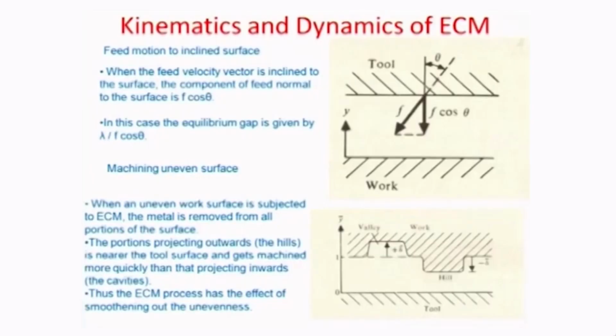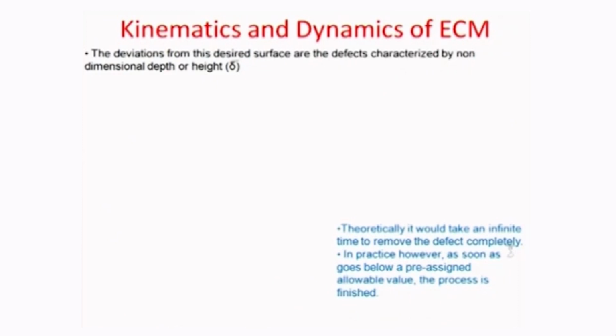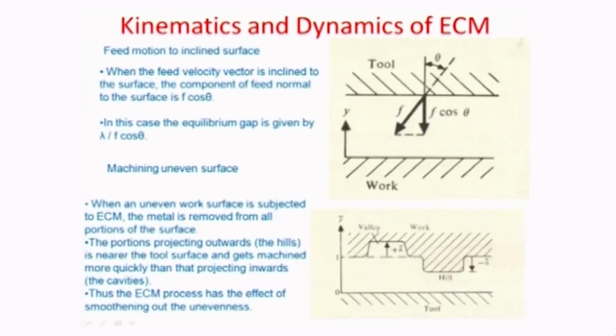So let us assume that the deviations from a desired surface, as written here, are the defects characterized by non-dimensional depths or height delta dash. Okay. Now let us look at it in a little more detail, as illustrated in this previous slide here.